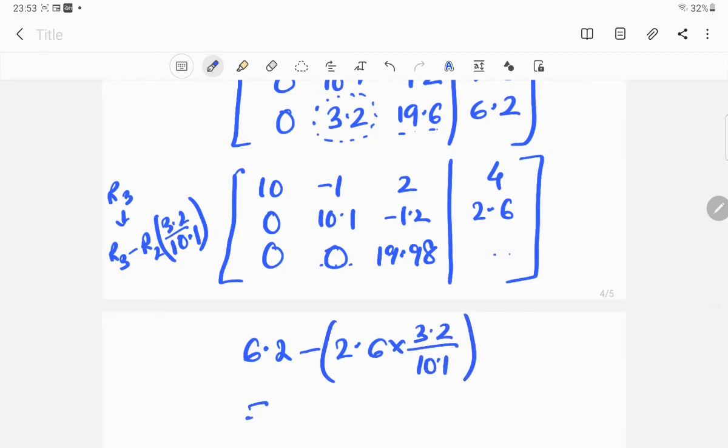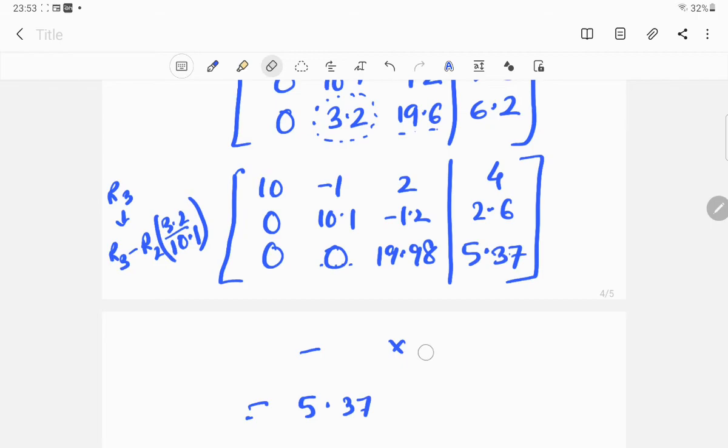You can use a calculator, that value is 5.37. So you can see that we have just converted into an upper triangular matrix. Very simple.